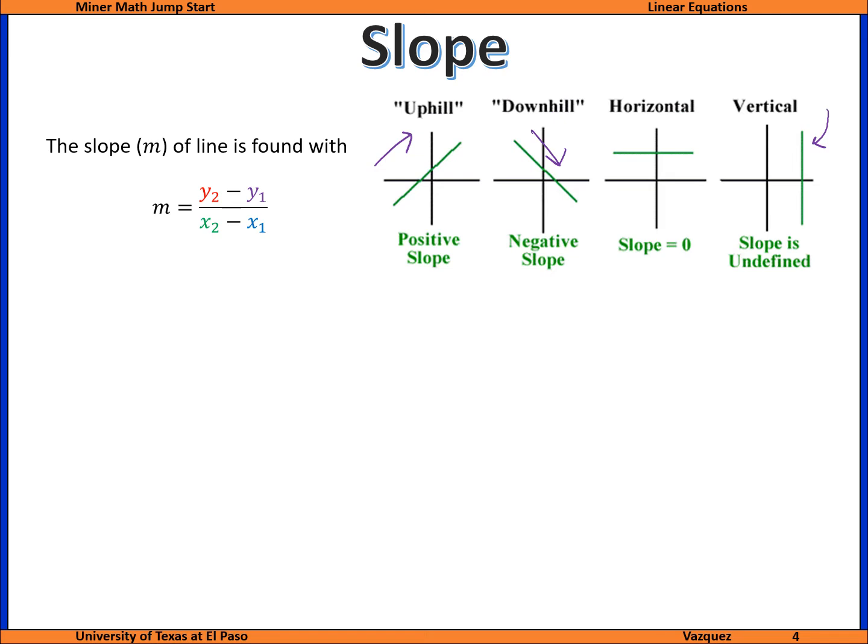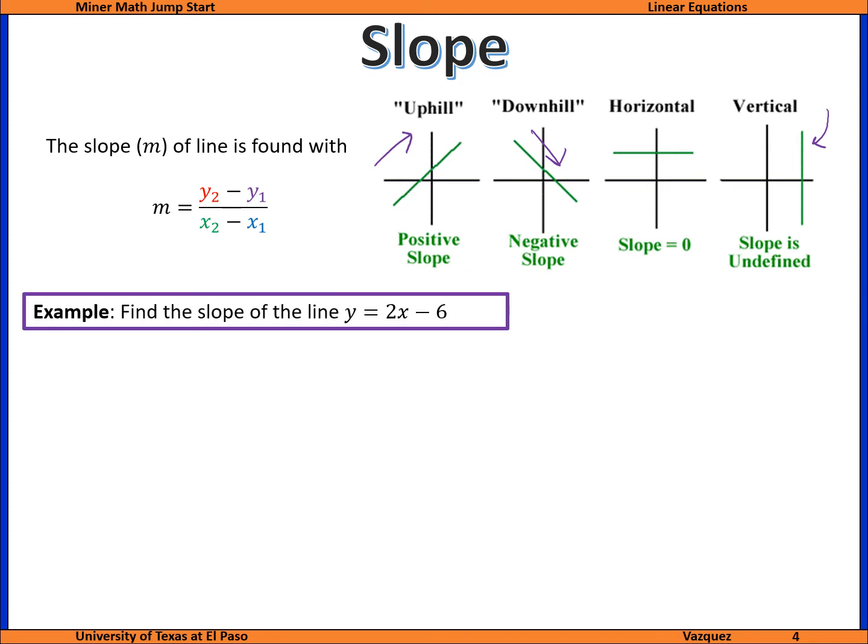But how do we find slope? We use the equation m, because m represents slope, equals y2 minus y1 over x2 minus x1. Again, that might be ringing a few bells. So using this equation, let's go over an example to see how this works. Say, for example, we're asked to find the slope of the line y equals 2x minus 6.